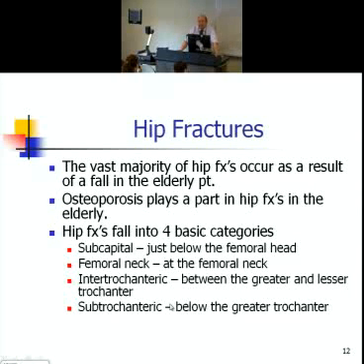And the nice thing about that surgery is it's done percutaneously. So what do I mean by that? I mean you make a tiny incision, you make two tiny incisions, one for each pin, and then you just drive the pin in with a drill right through the little incision you made, and then you cut the pin off.